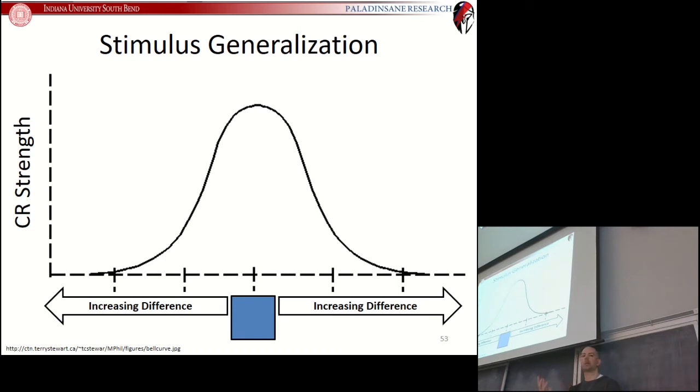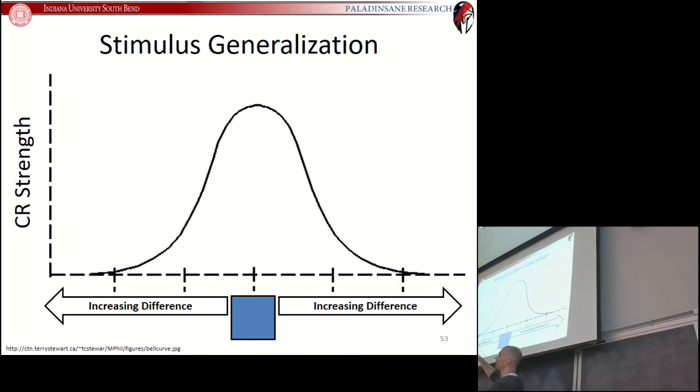Does an animal think that red is different from blue, whereas purple is close to blue? Do animals think that same way? Well, you can't just walk up to an animal and say, what do you think? Are these two closer together or are these two closer together? We don't have that capability. But what we can do is we can train an animal.